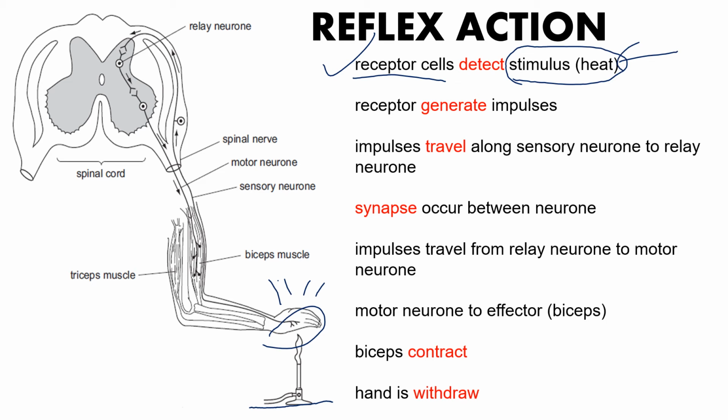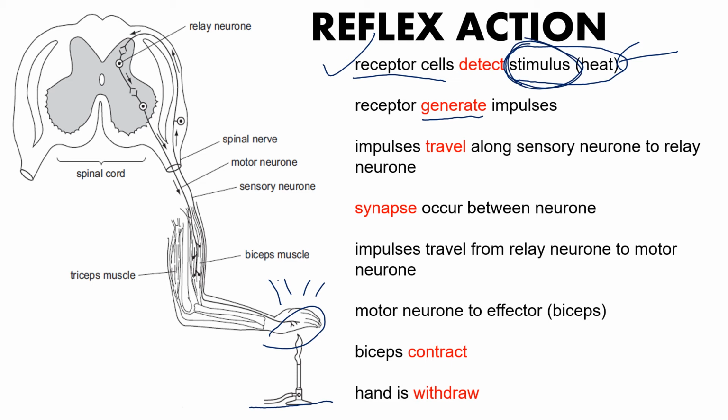After the receptor cell detects the stimulus, it will generate the impulse. Please take note that the impulse is generated by the receptor cell in the presence of the stimulus.